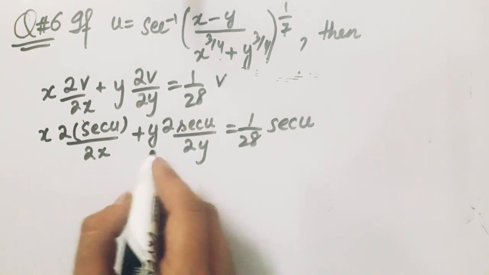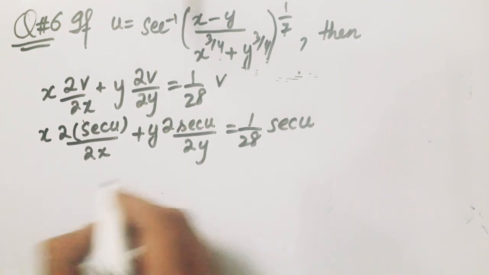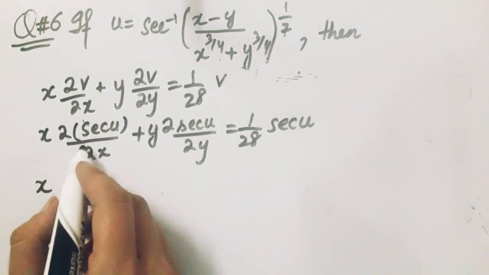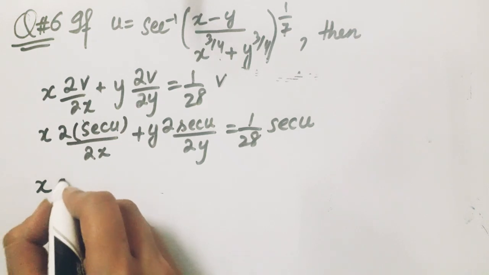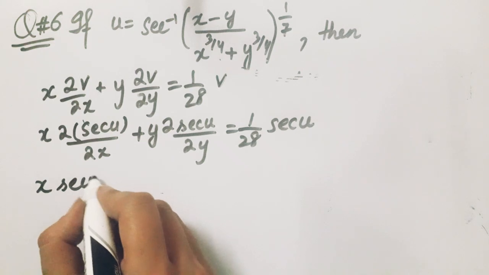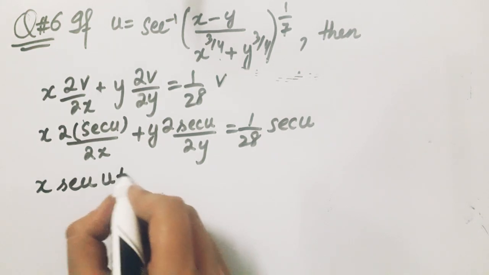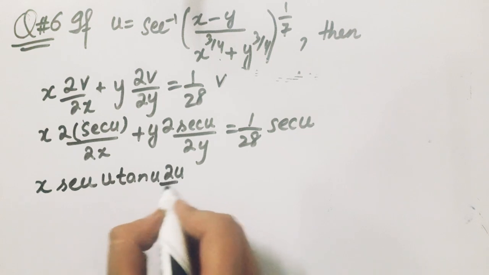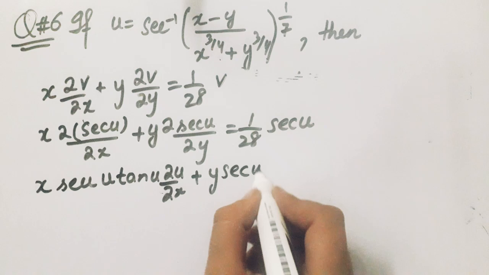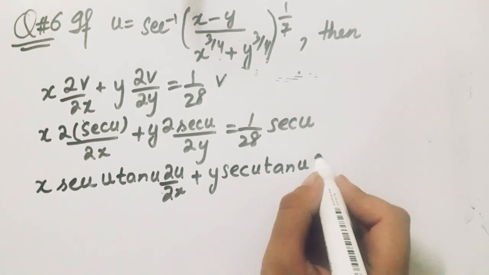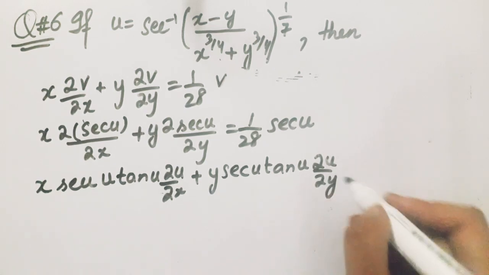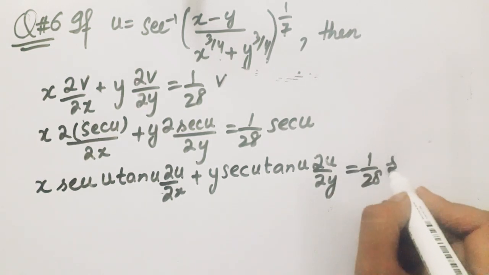So we will multiply this by tan of u and get x secant u and tan of u, then partial u over partial x, plus y secant u tan of u partial u over partial y, and this is equal to 1 by 28 secant of u.